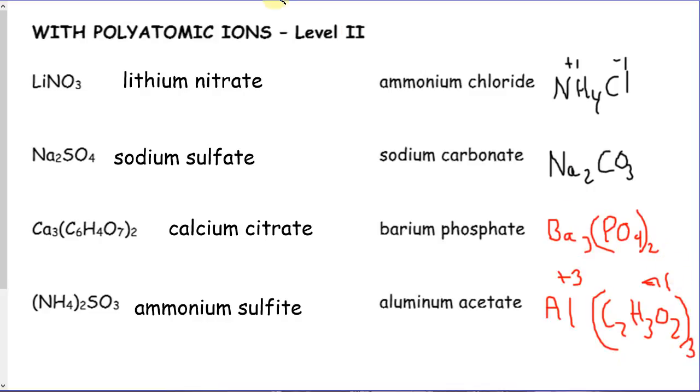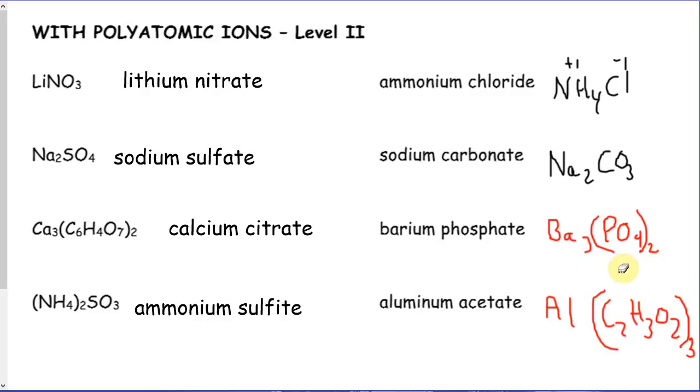And the negative 1 over there. We crisscross to the aluminum. And it turns out we don't need to write anything on that one, because the 1 is already there. We don't have to write it. So the formula for aluminum acetate then is simply Al(C2H3O2)3, C2H3O2 in parentheses with a 3 on the outside. And I will clean up these. And there's my total formula without any of the charges there.